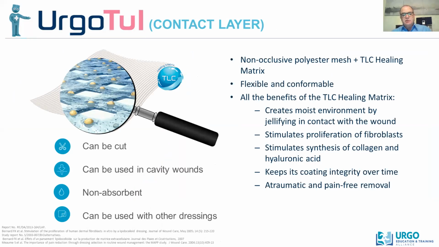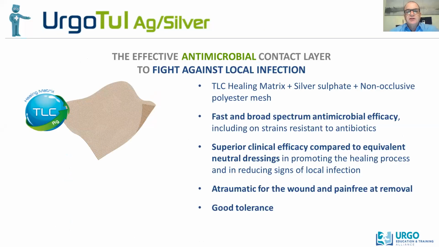So the Urgotul contact layer, as we said, enables pain-free removal. It is flexible, so it is good to use even on fingers, elbows, etc. It keeps its coating integrity over time, so when you are removing the dressing, it's easy to remove and will not adhere there. It can be cut, and can also be used in shallow cavities.